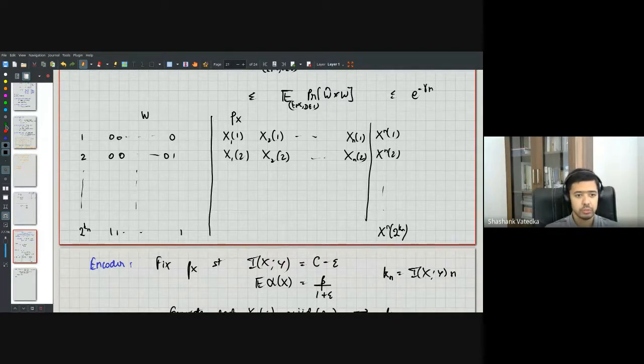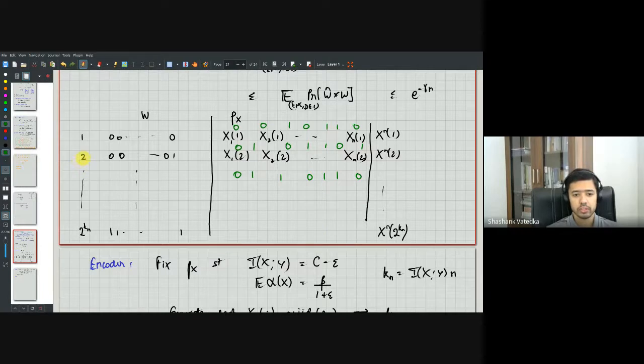Right? So maybe one realization is 0 0 1 0 1 1 0. Maybe this is code word 1, maybe this is code word 2, this is code word 3, and so on.